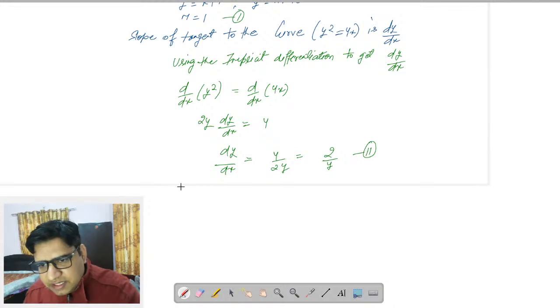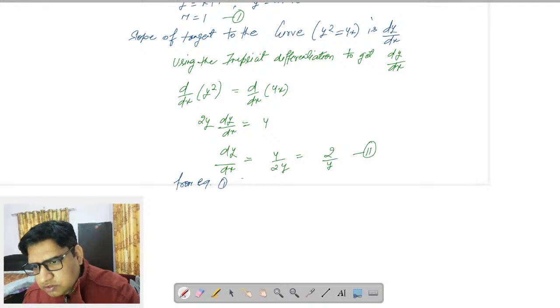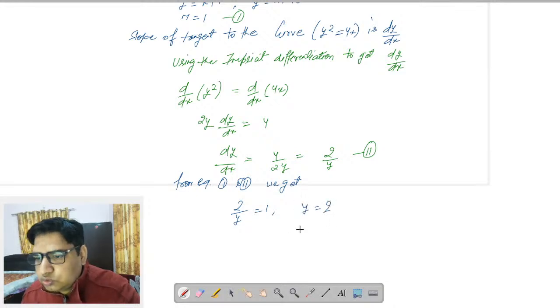We can simply write down here, comparing equation 1 and 2, we get 2 upon y is equal to 1, hence y is equal to 2.